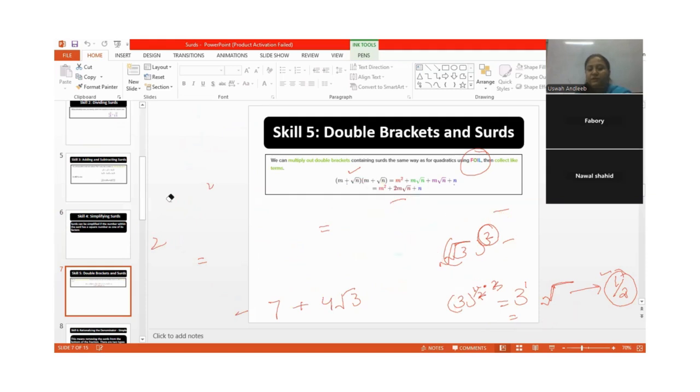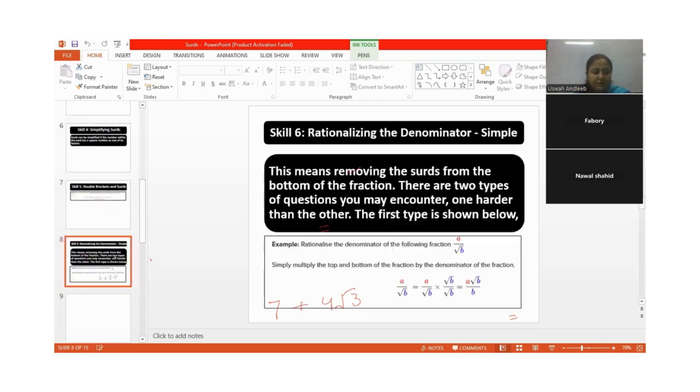Just multiply all the terms together and compute the answer. Still, I'm saying these are very childish and simple questions. Such simple questions are not going to come. They are just the base of the complex questions. Just the rationalization thing, and I'll solve one or two complex questions with you, and that will be the end of the demo of mathematics.